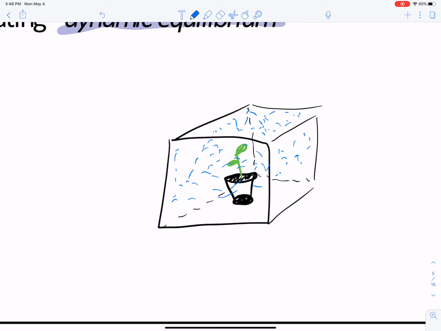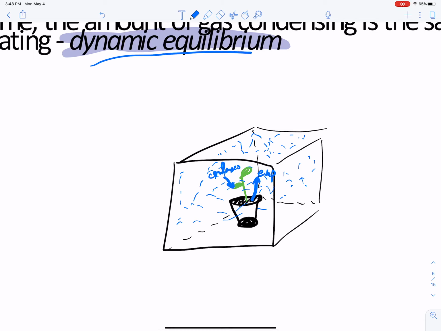So what happens is you have water that leaves and evaporates, and other water that comes in and falls back down and condenses. So you got to see this dynamic equilibrium work out with your little plant.